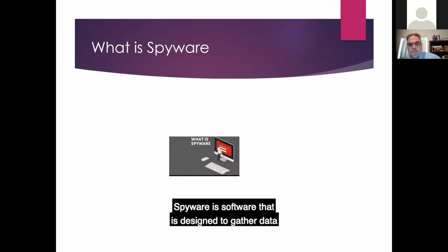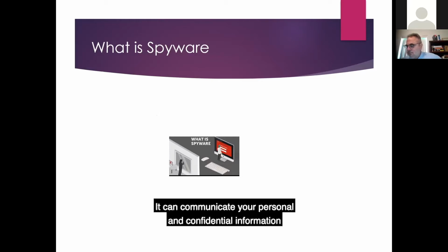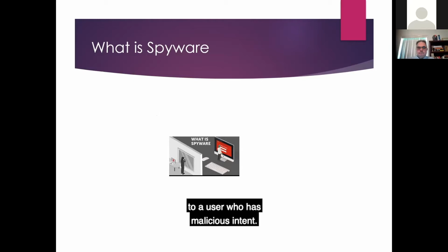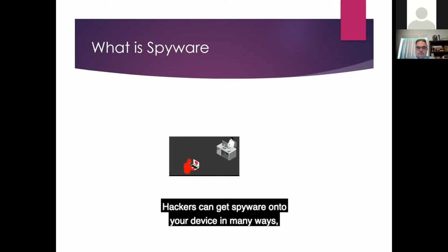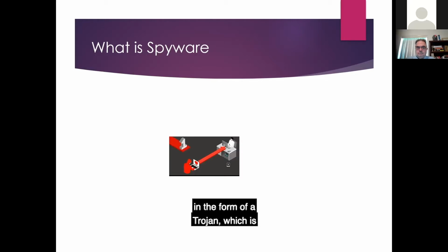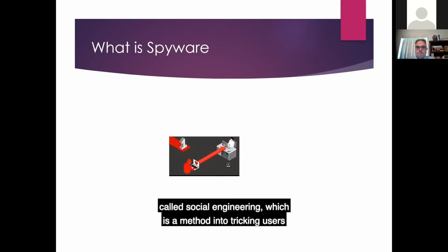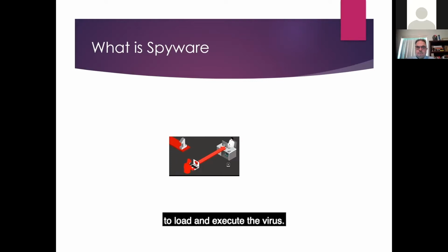Spyware is software that is designed to gather data from your device. It can communicate your personal and confidential information to a user who has malicious intent. As long as you're using a device connected to the internet, you are in danger of spyware infestation. Hackers can get spyware onto your device in many ways, but these four are the most common. Firstly, spyware can penetrate your device in the form of a Trojan, which is a type of malware that is disguised as legitimate software. Hackers use the Trojan in a sneaky process called social engineering, which is a method into tricking users to load and execute the virus.